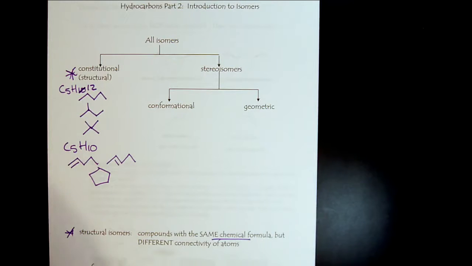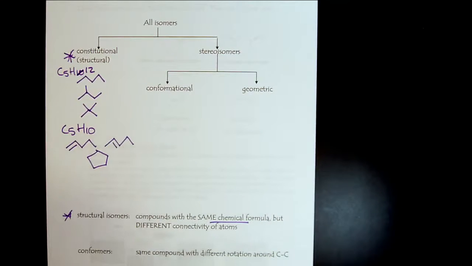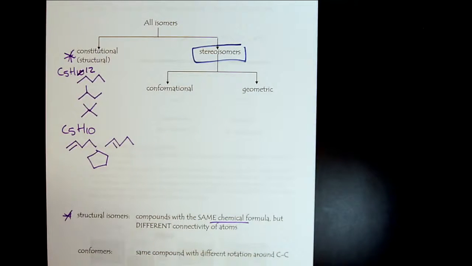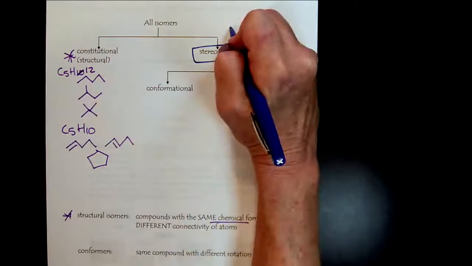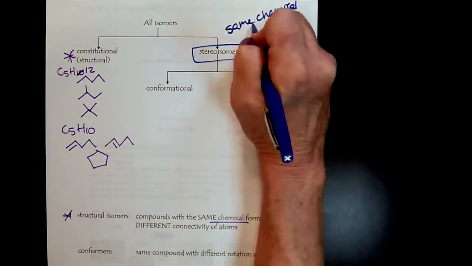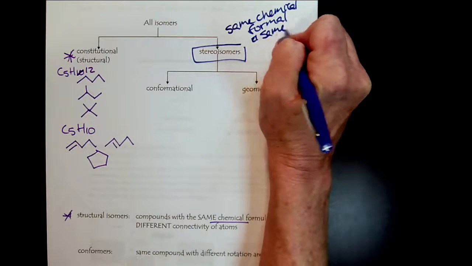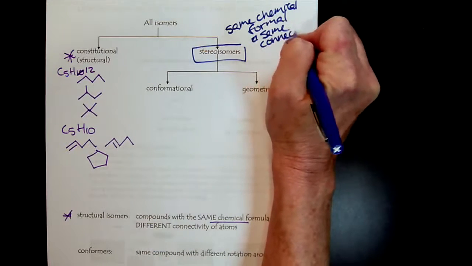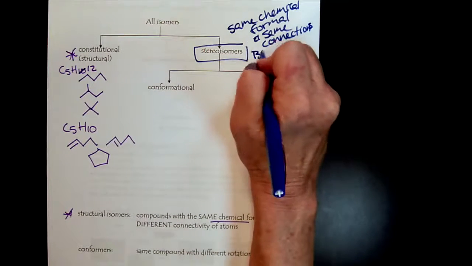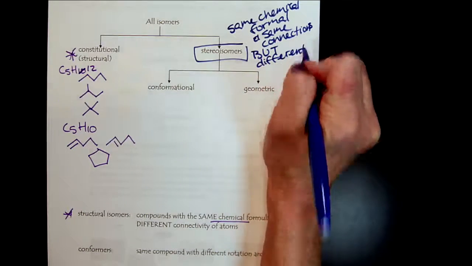Now, let's look at conformational isomers. These are 2 different types of stereoisomerism. With stereoisomers, we have the same chemical formula and the same connections, but different spatial arrangement.